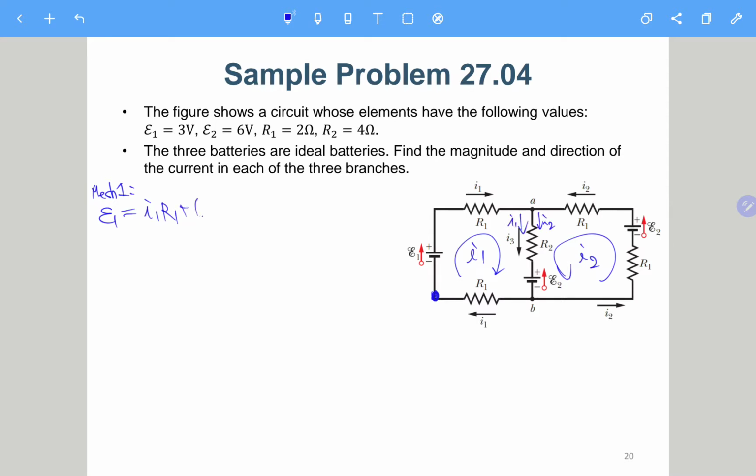So this is I1 plus I2 times R2. And then for this one it is going down, so we have plus E2. And then from point B back to here, this is I1 R1.